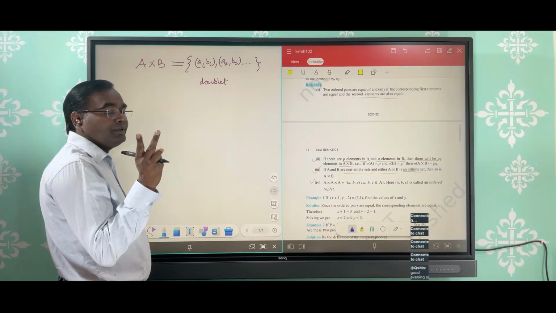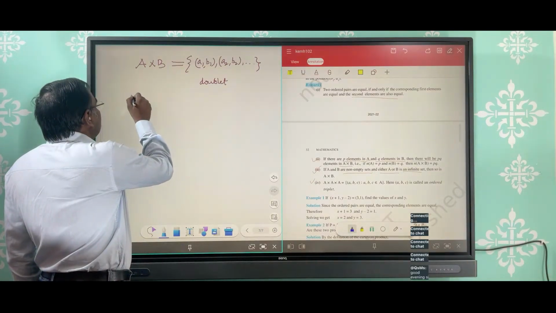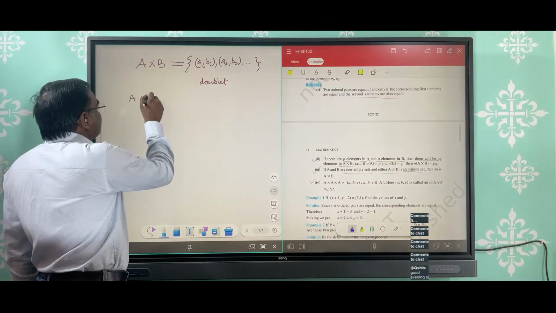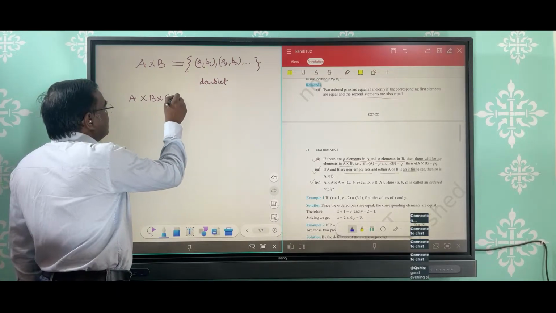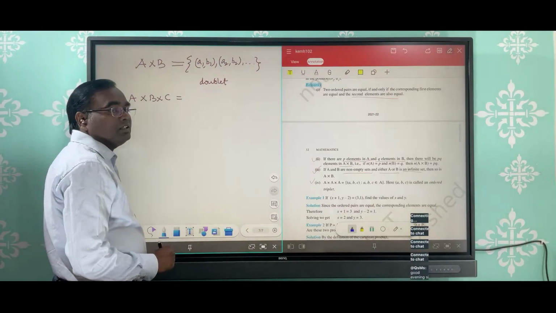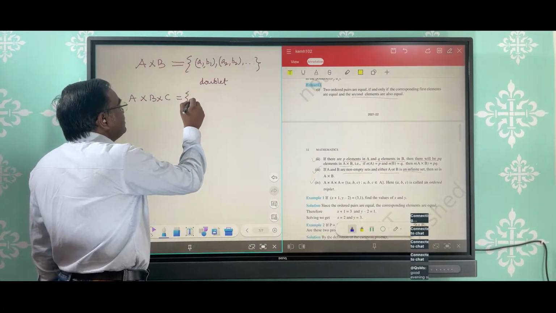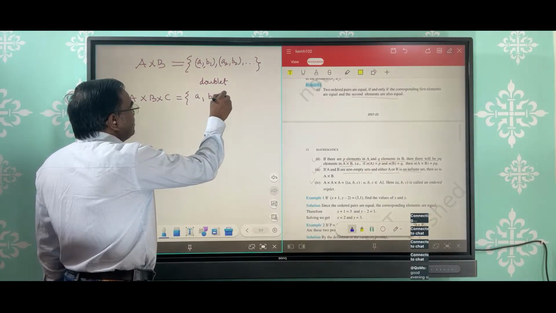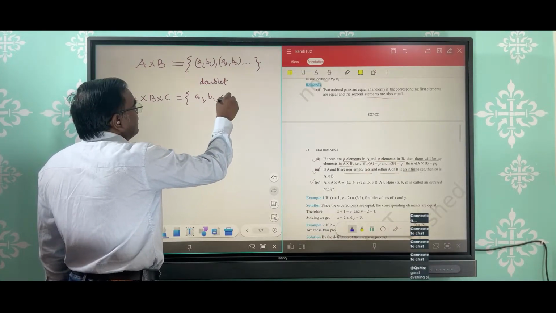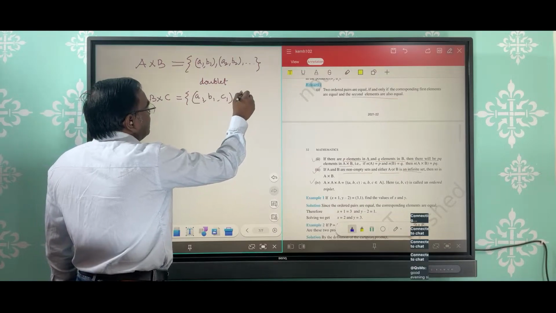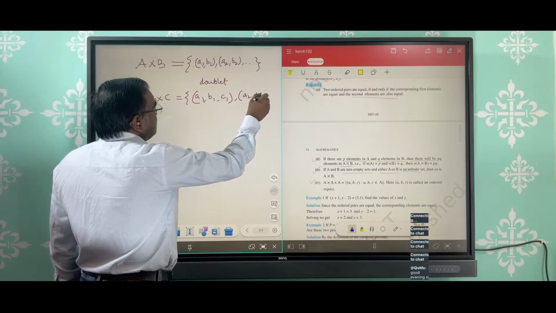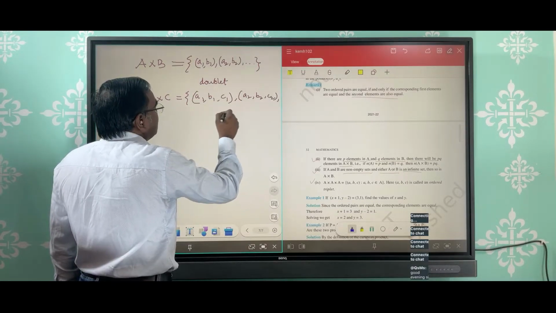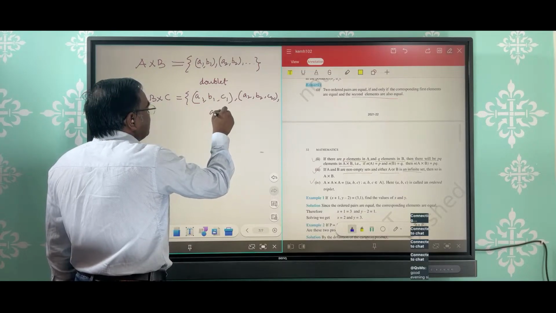But when you take the cross product of three sets, you will get a set of three-element tuples: A1 B1 C1, A2 B2 C2, A3 B3 C3.